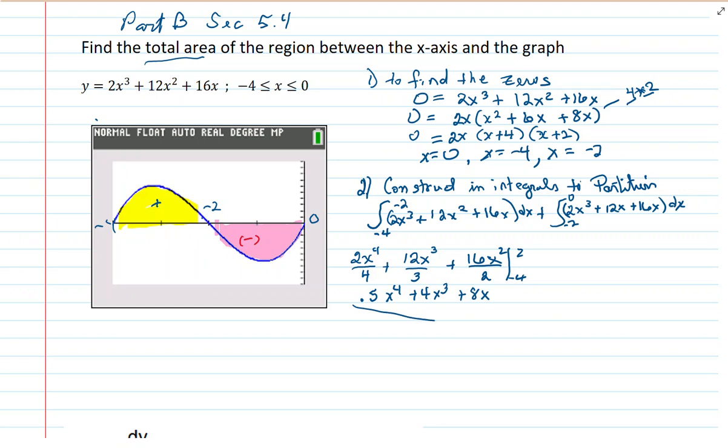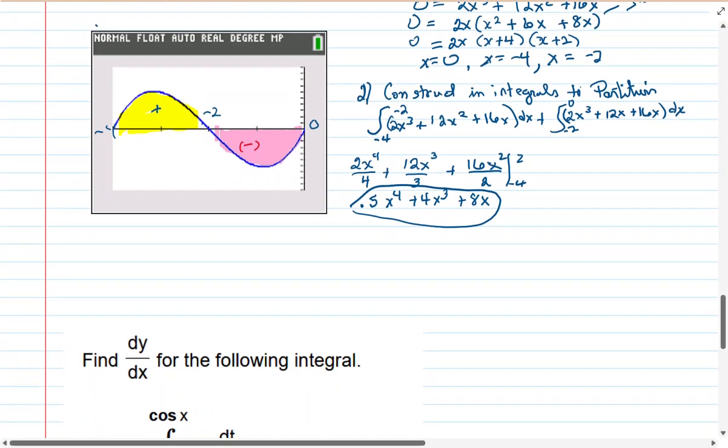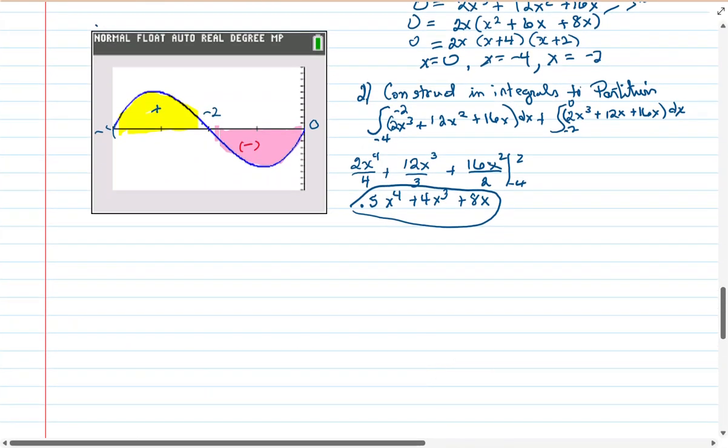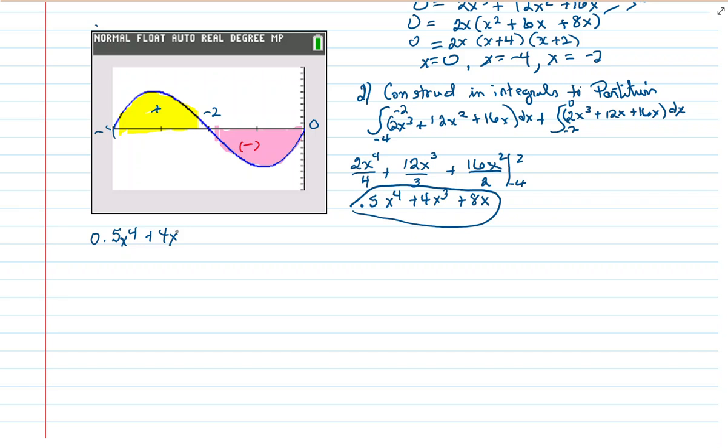So this is what I'm going to use. Let me make some room. Okay, so I'm going to have half x to the 4th plus 4x to the third plus 8x squared, starting at -4, stopping at -2. And this is the positive side.